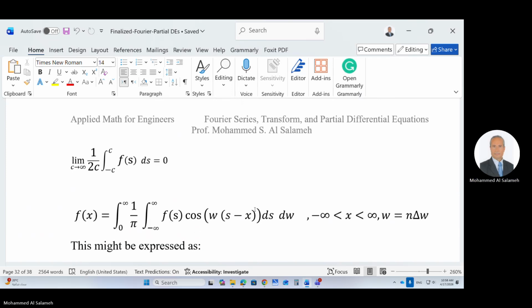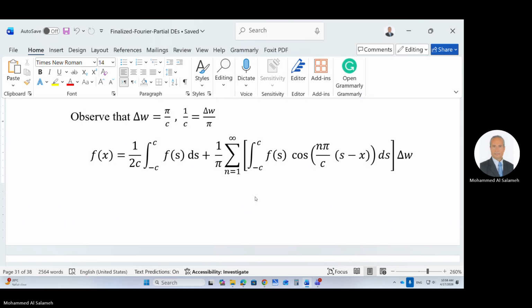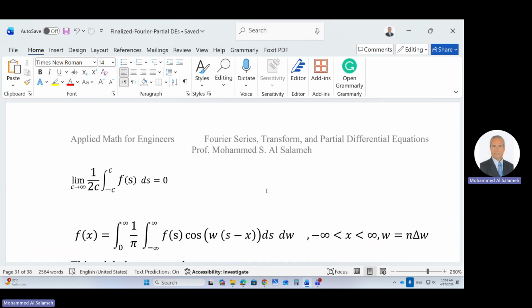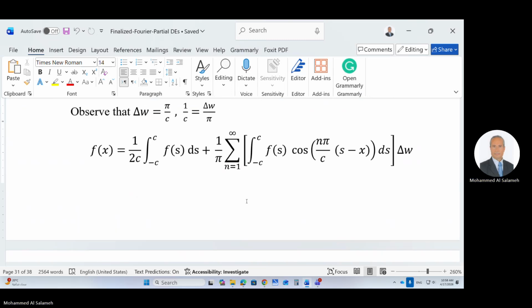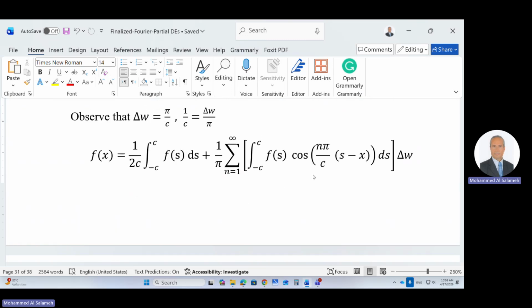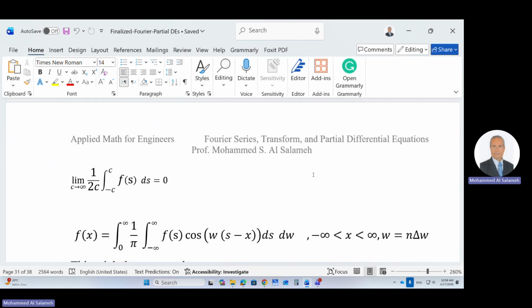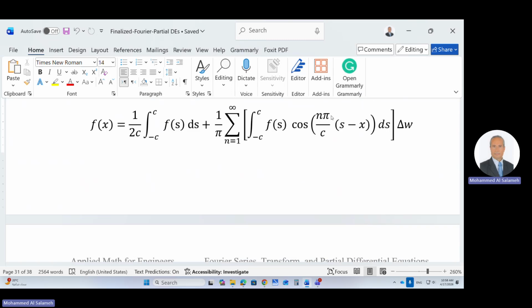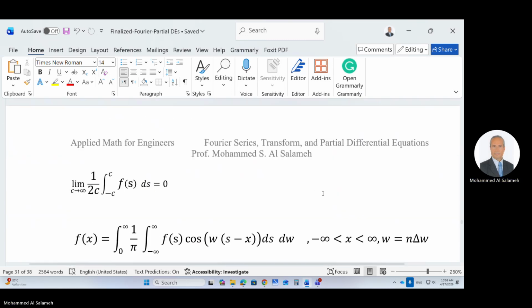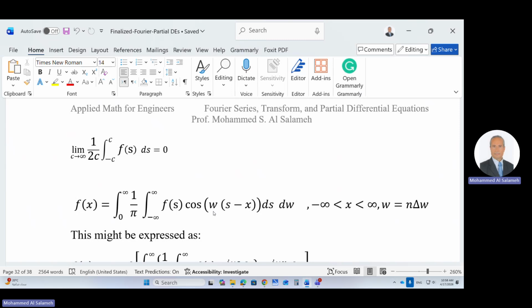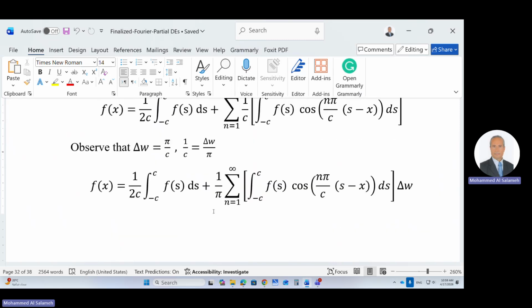Okay. So now the integration goes from minus to plus infinity instead of minus c to c, as you can see. f of s times cosine n pi over c. We said pi over c is delta omega, and n pi over c is omega itself.